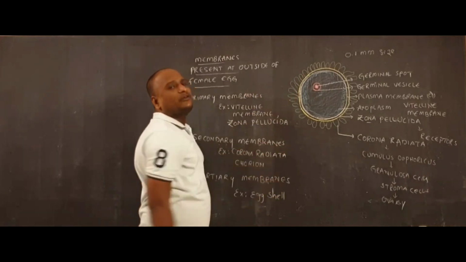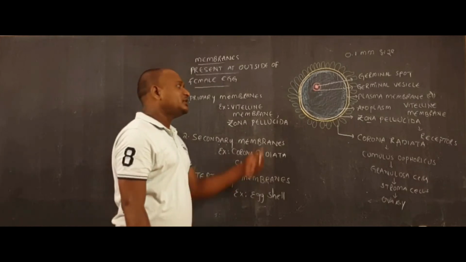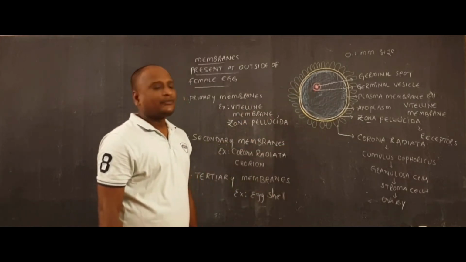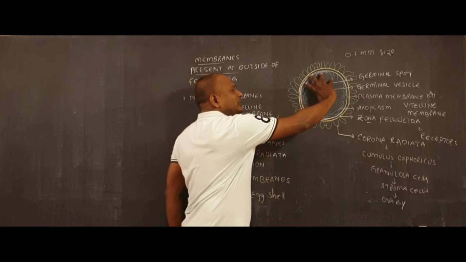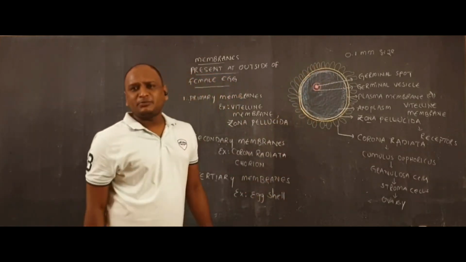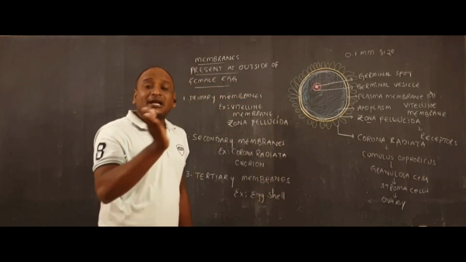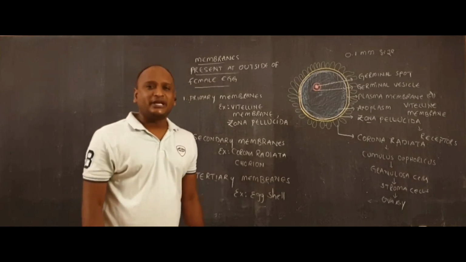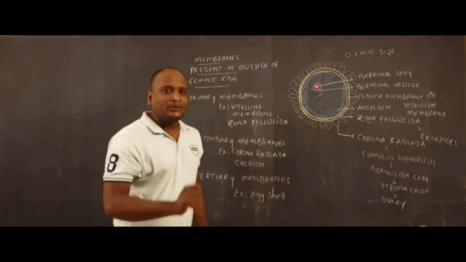Likewise, different types of membranes are present around the egg cell. Inside, ooplasm is present. That ooplasm is later helpful to form yolk material.